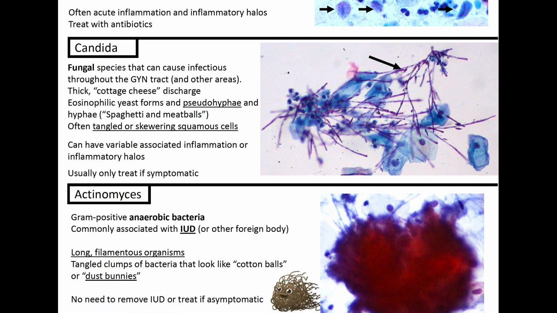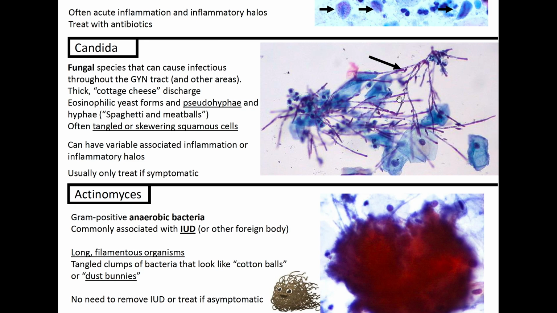Another organism, we've got Candida. Candida, as we are all familiar with, is a fungal species that can cause infectious disease throughout the gyne tract and other areas, with a thick cottage cheese discharge with eosinophilic yeast forms and pseudohyphae and hyphae.